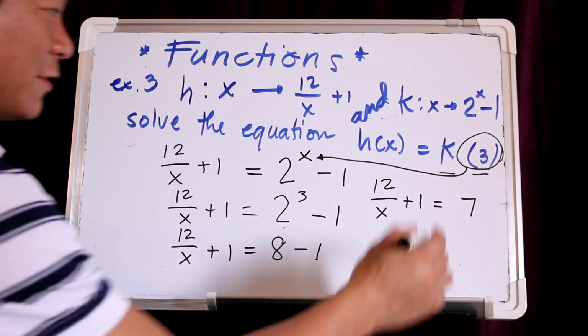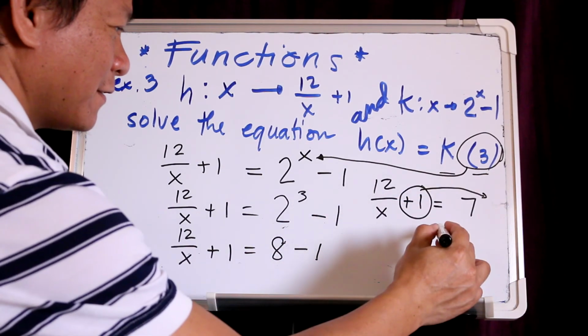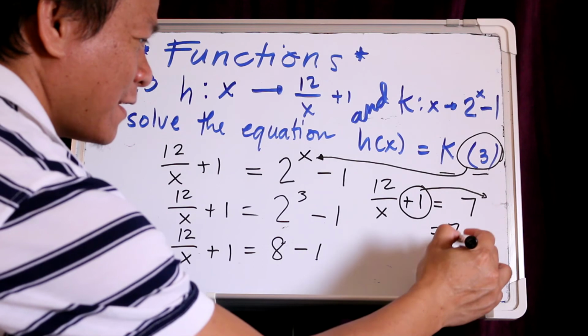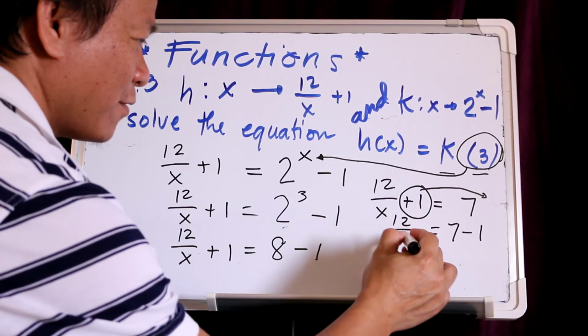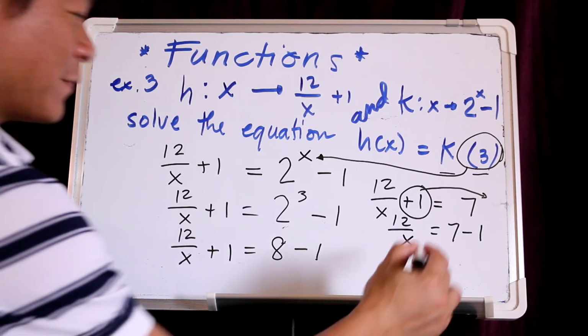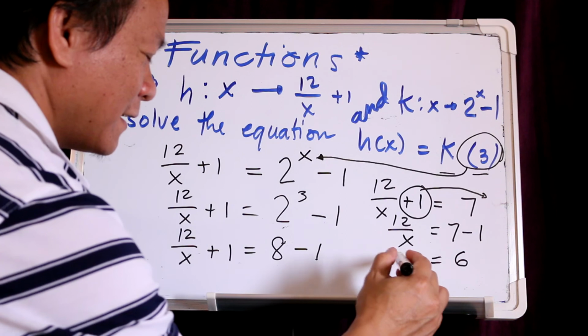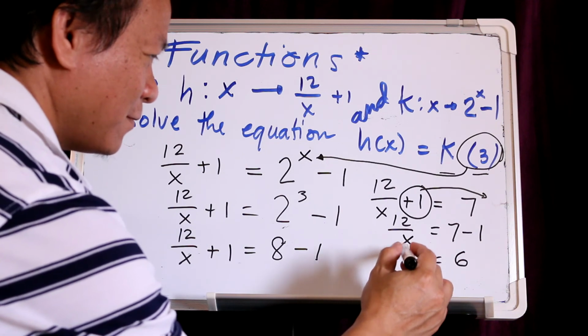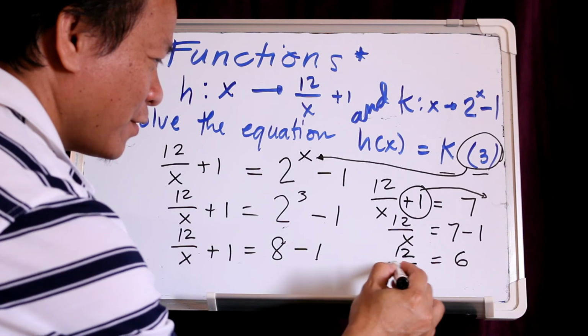Okay, then you transfer this 1 to the other side of the equation. That means 7 minus 1. What is left is 6 here, and then you will have 12 over x.